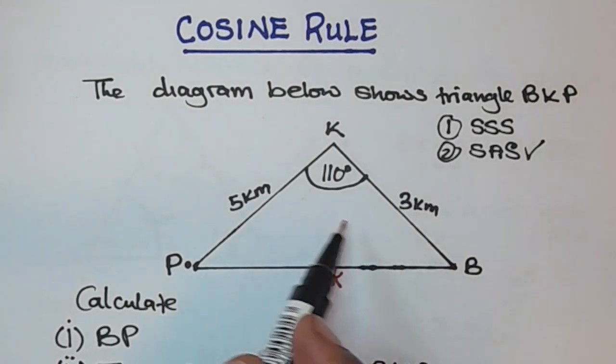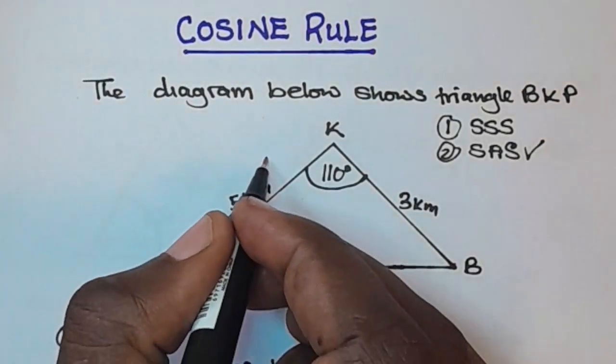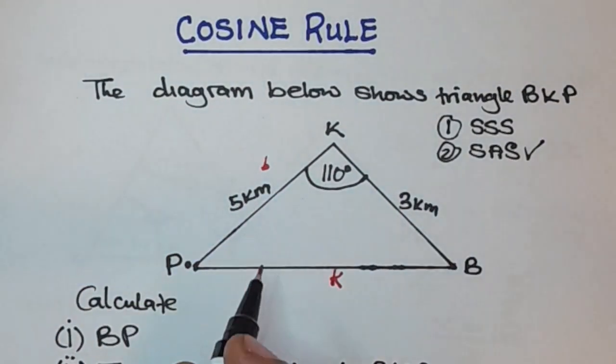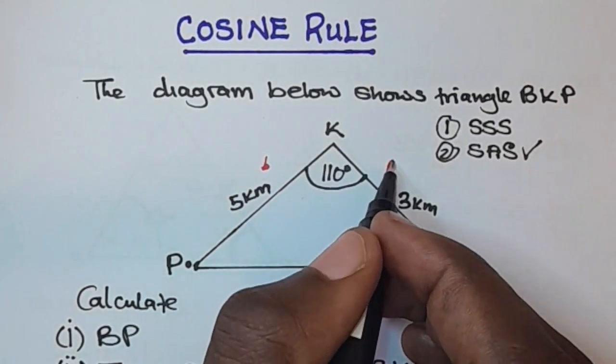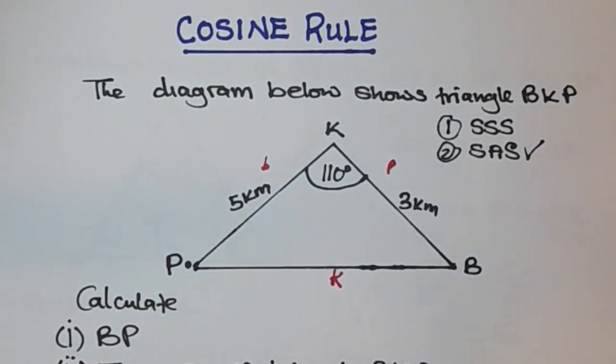Again, here you have capital letter B, so here you are going to have small letter b. The same here, you are going to have small letter p. So what they are asking us to find is k, this distance here. So we are going to find this by using the cosine rule.